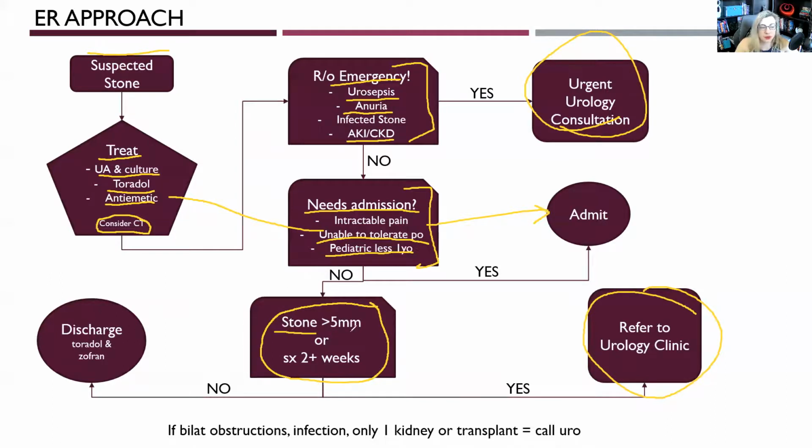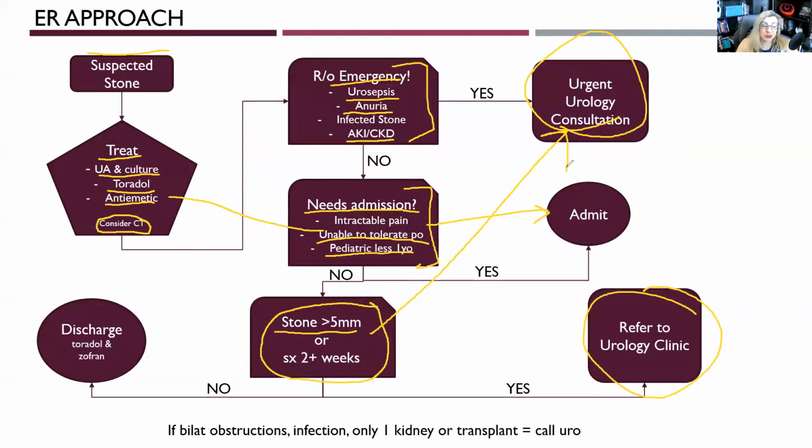So if the stone is really big, because we did CT them to find out if this was their first stone or not, then we refer to urology, or you can do a urology consult. It depends on you or ER. Either way you go, remember that a stone over 5 millimeters, you need to talk to a urologist on the phone, or at least refer them to the clinic, however your hospital does it.